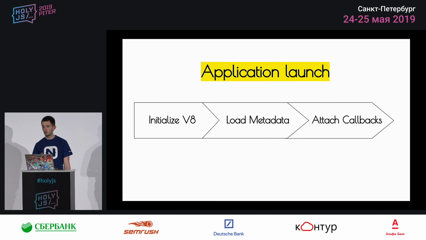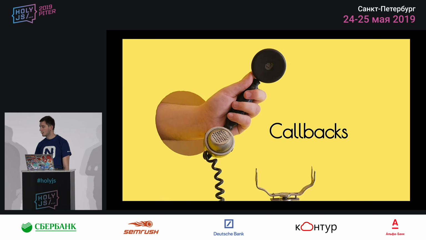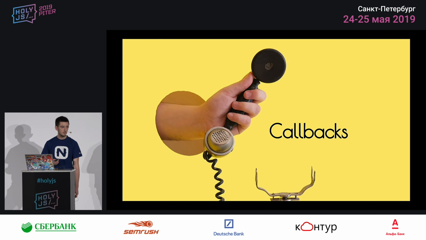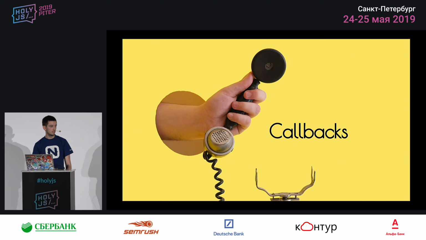But what are those callbacks, you may ask? I mentioned that V8 has a pretty nice embedders API, and this API allows us to create JavaScript objects programmatically, attach them to V8, and have some callbacks attached to their properties. So when somebody accesses a property of these special objects, we can receive a callback and do some logic.